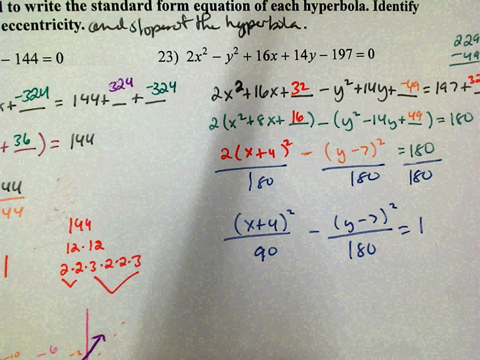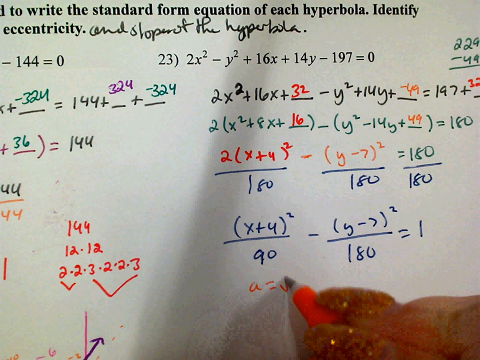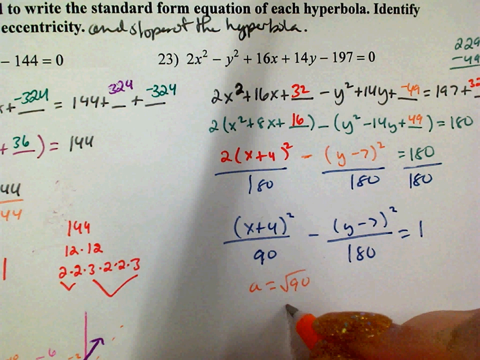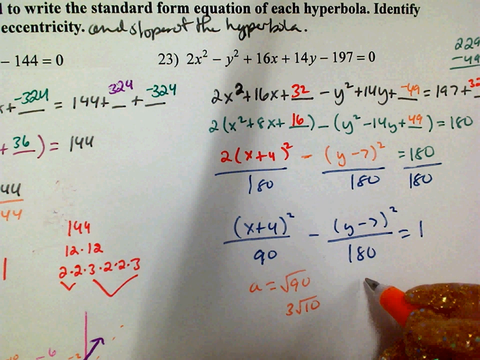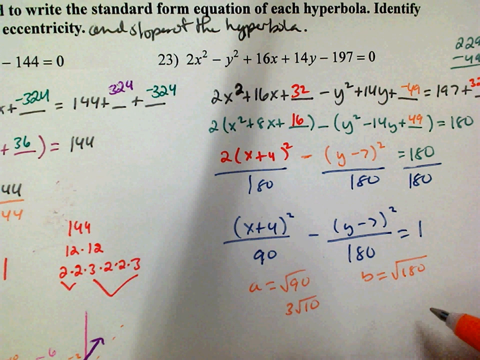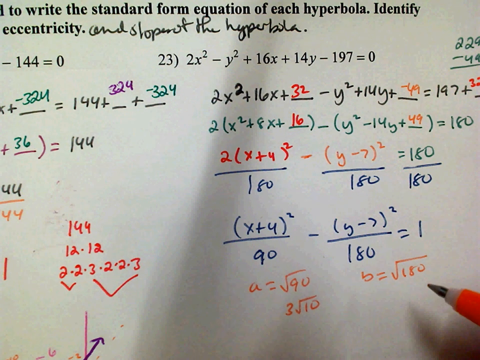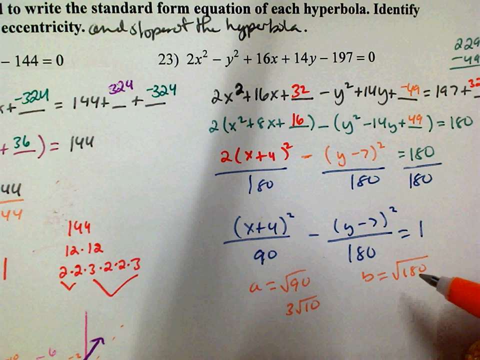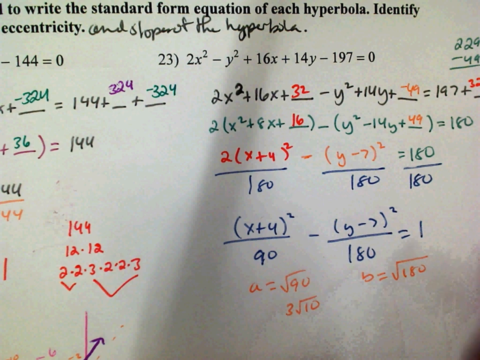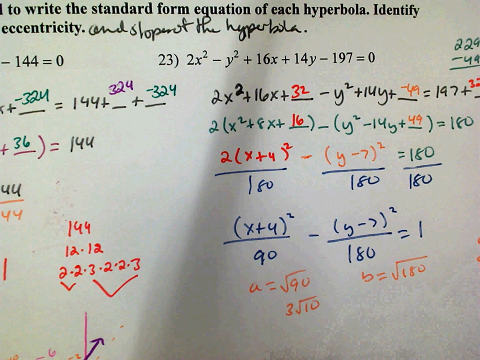That means a is the square root of 90, which is 3 root 10, and b is the square root of 180, which is 9 times 20, which means 9 times 4 times 5, so 36 times 5. That would be 6 root 5.